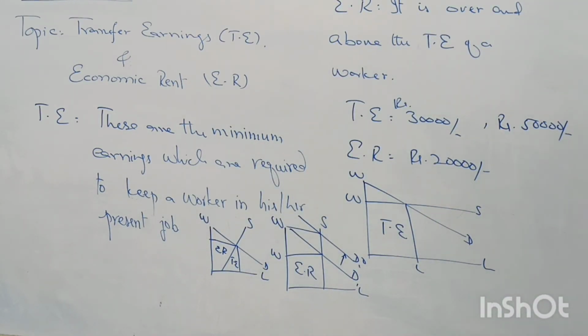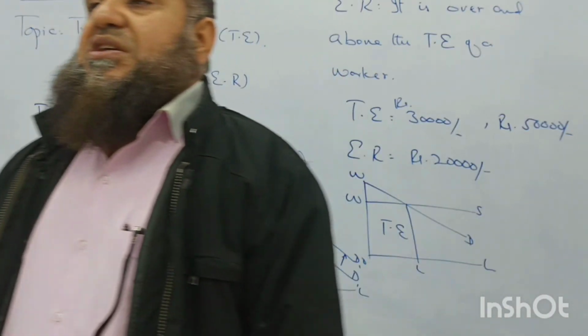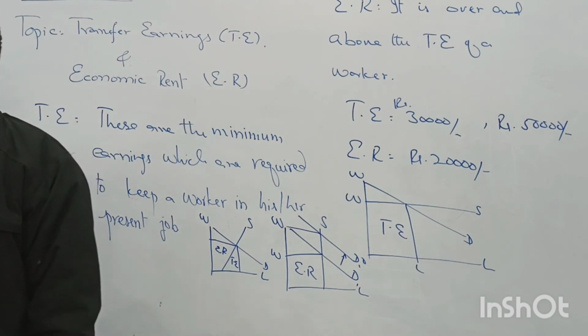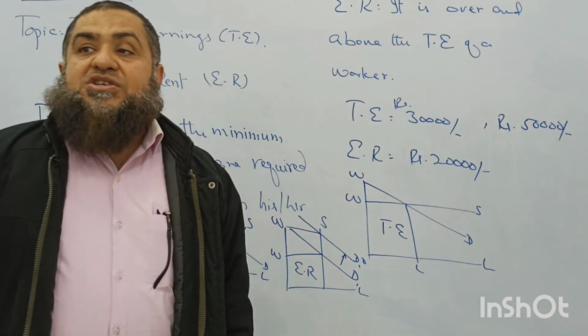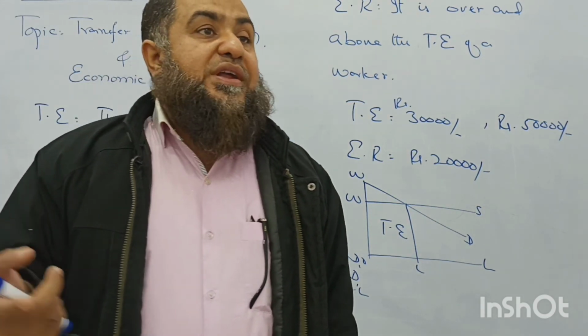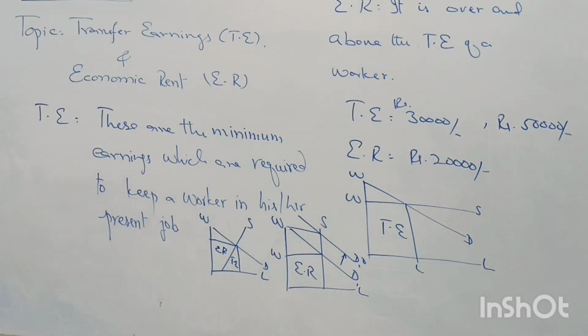So that abnormal or supernormal profit of the firm in any market structure will be called the economic rent. So it does not mean that rent as a reward is only associated with the landowner. It can be enjoyed by any factor of production when that factor of production is earning over and above the transfer earnings. That reward is called what? Economic rent. Alright, that is about our topic.